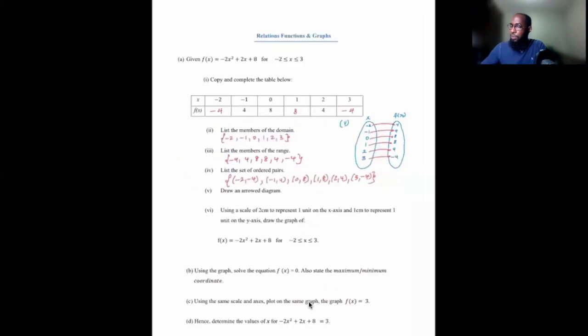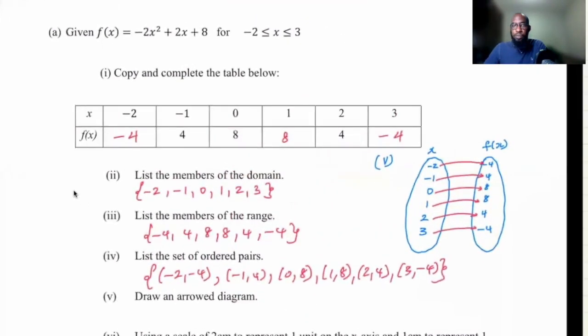Right. Now, looking back here, the biggest y number, because f of x is like saying y, the biggest y number is 8. And the smallest y number is -4. So make sure on your y-axis you have +8 as the largest number. We could have more than that, but make sure 8 exists, and you have -4.